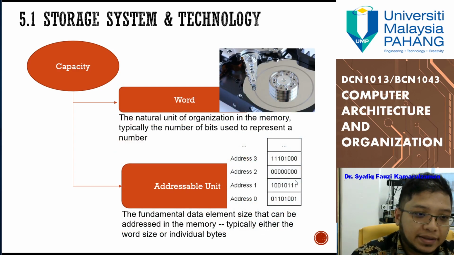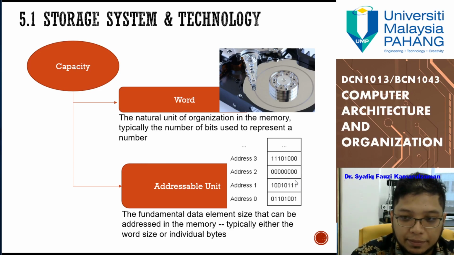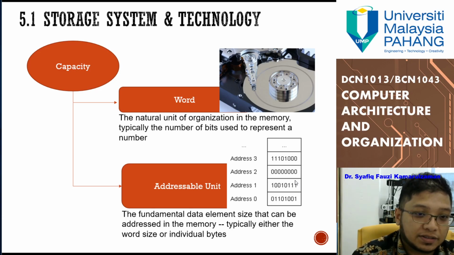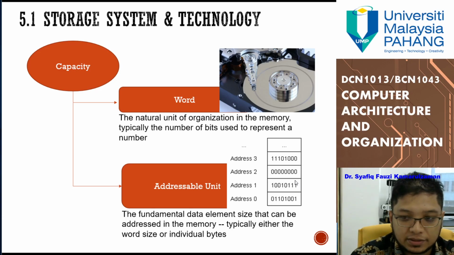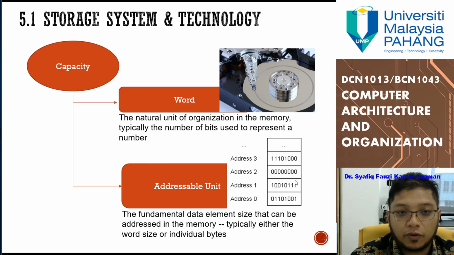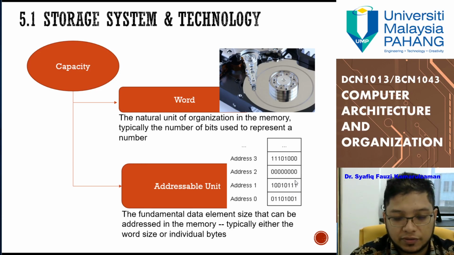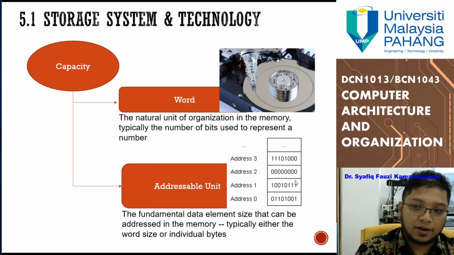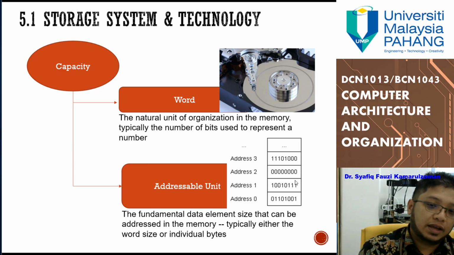In terms of capacity, usually we have two types when we describe it. The first is the data storage itself, which we usually represent as a word, the natural unit of organization in the memory, typically the number of bits used to represent a number. Then we have the addressable unit. Data inside your memory is not stored blindly. Several bits inside your memory, depending on the architecture, share an address.